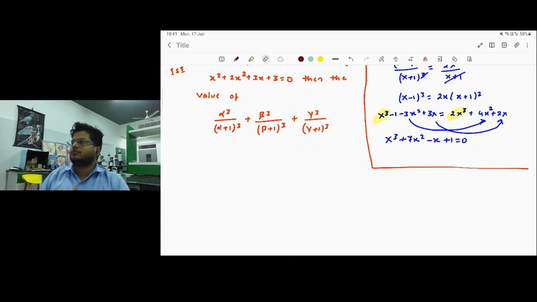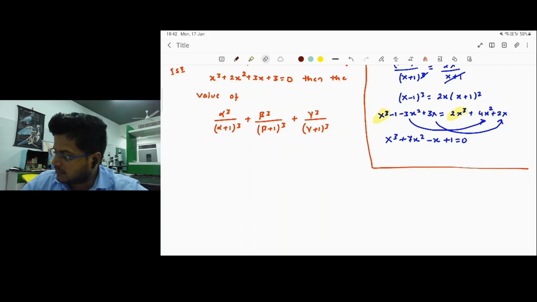See, there are a couple of methods to do this, and then we will go by the best method to solve this question. See, one method, let me give you the idea. Like, one formula: a cube plus b cube plus c cube minus 3abc equals (a plus b plus c) into (a square plus b square plus c square minus ab minus bc minus ca).